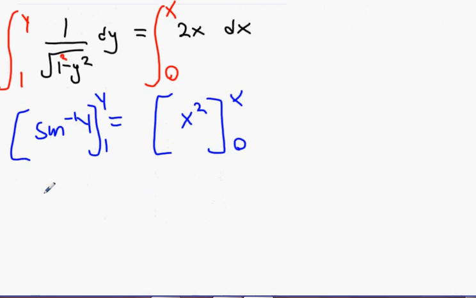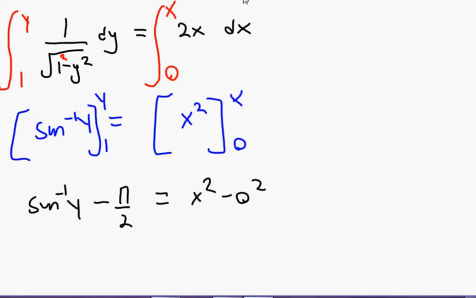So it's going to be sine inverse y minus sine inverse 1. Anybody know what sine inverse 1 is? Pi over 2. Now you're not going to put 90 degrees down there. You're always going to use radians when it's in the formula. Okay. And then the other side, we're just going to have x squared minus 0 squared, and then that's grand there.